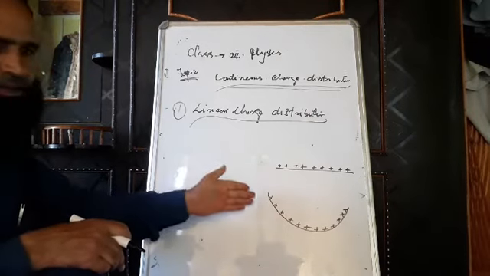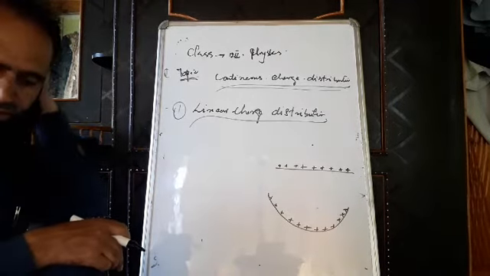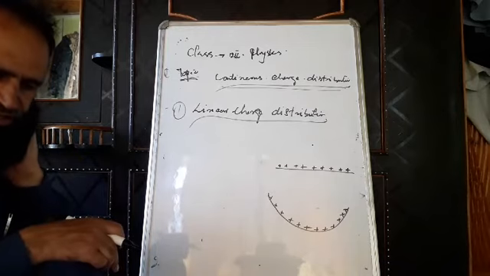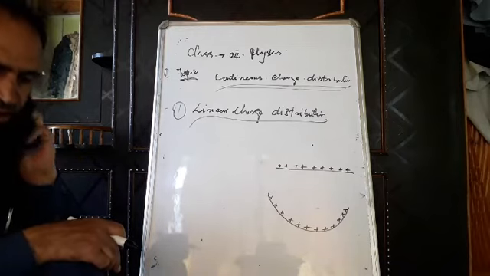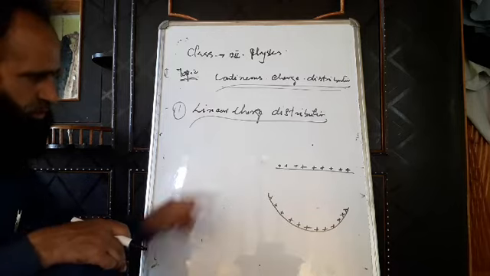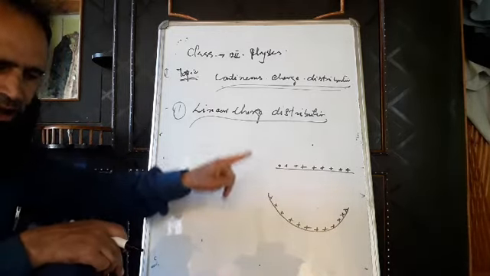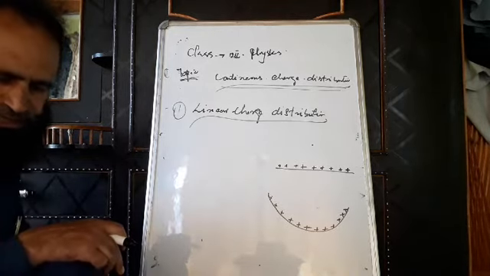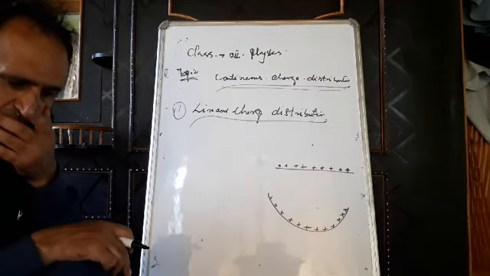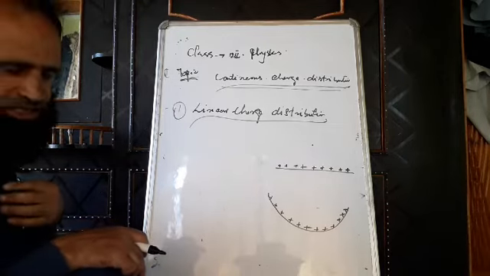We are always taking this charge, test charge, as positive charge. When the charge is distributed continuously over a straight line, or over the circumference of a circle, in this case we use the term linear charge density.